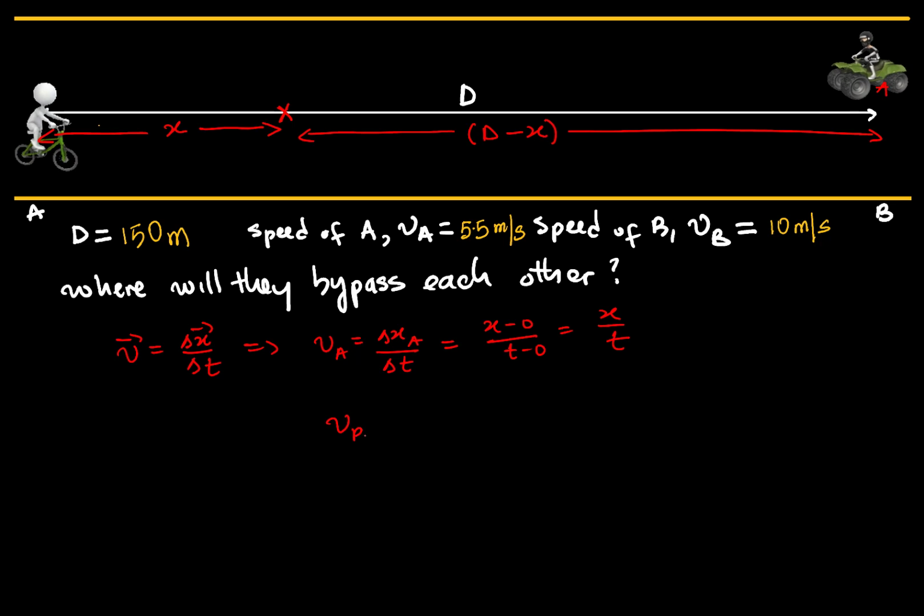Similarly, v of B is just delta x of B divided by delta t, which is going to be equal to d minus x.